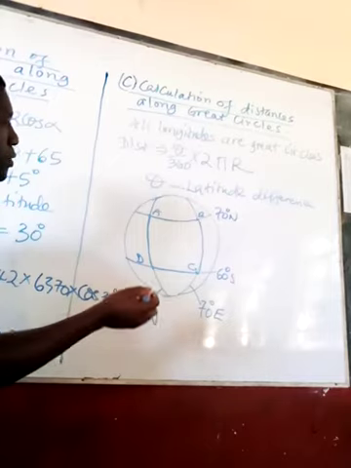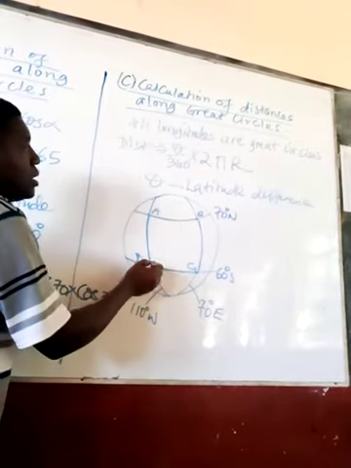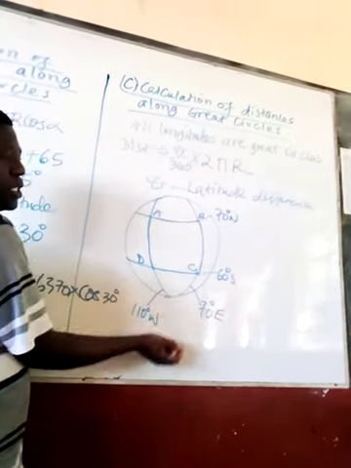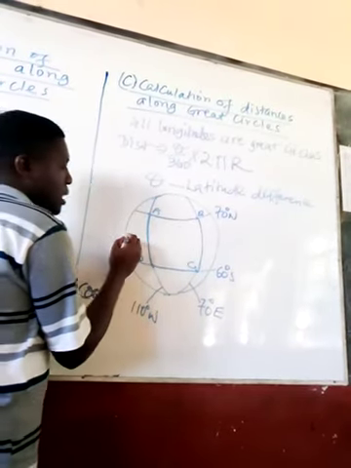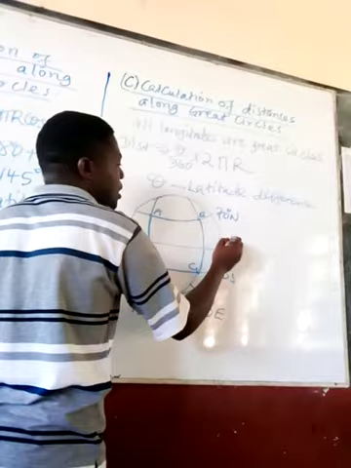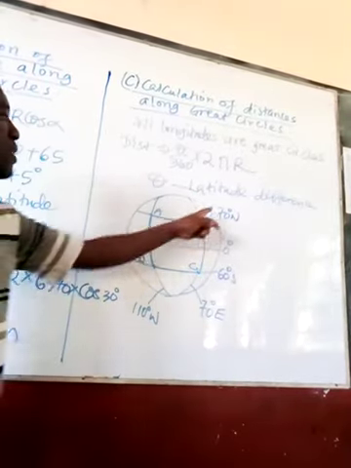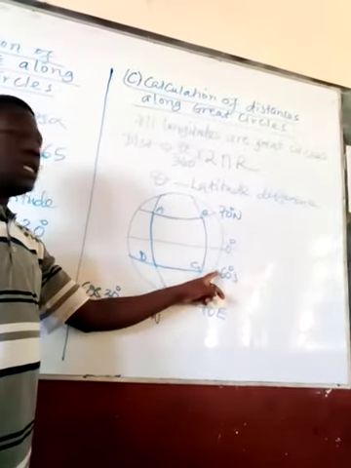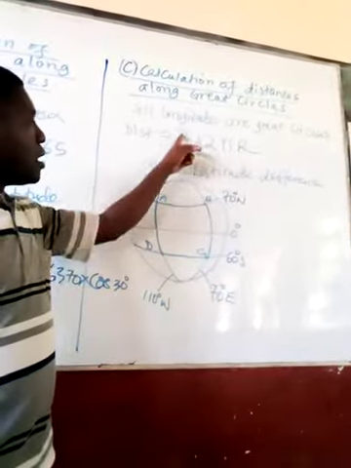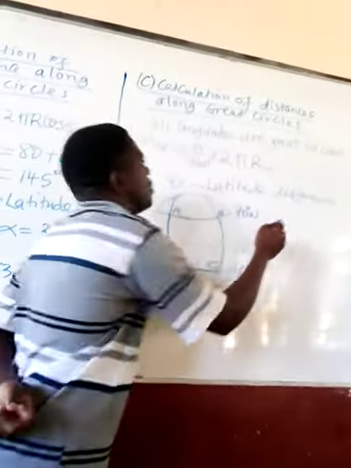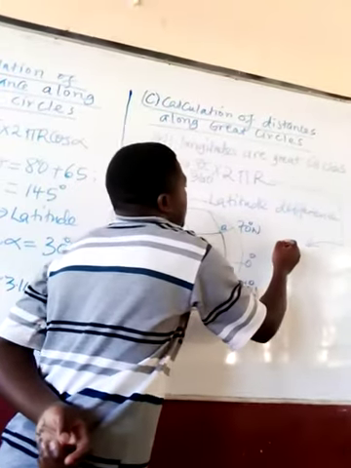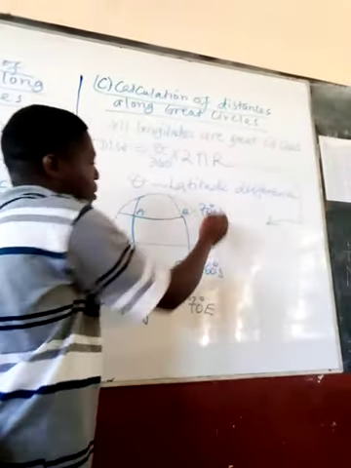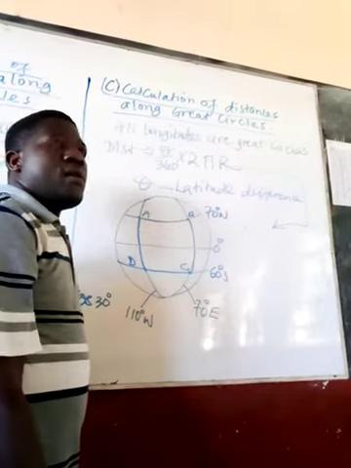So if we wish to get the distance from A to D, then the latitude is changing from 70 to 60. And remember, the equator is here in between at 0 degrees. So we are changing from 70 to 0, then from 0 to 60, which means the value of theta will be 70 plus 60, which is 130.